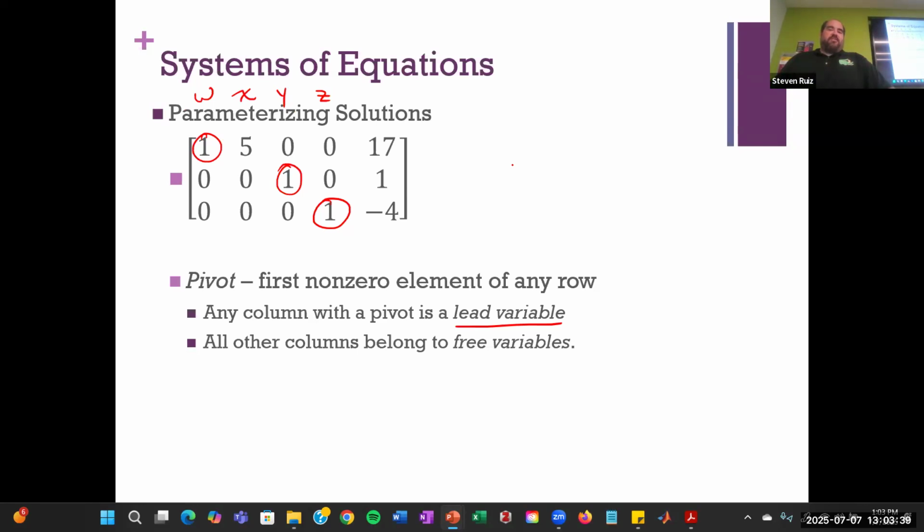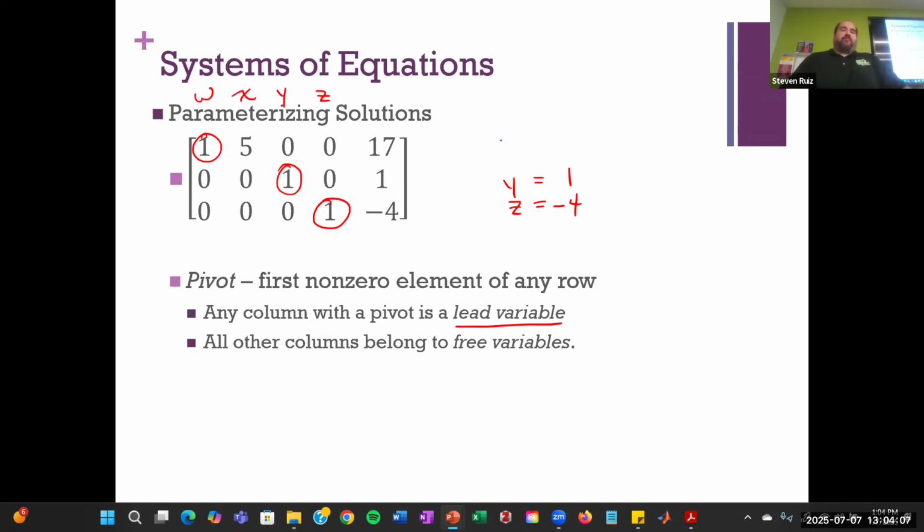What can we say about our solutions for this system right now? Go ahead. z equals -4 and y equals 1. So those have concrete values. What can I say about w and x?